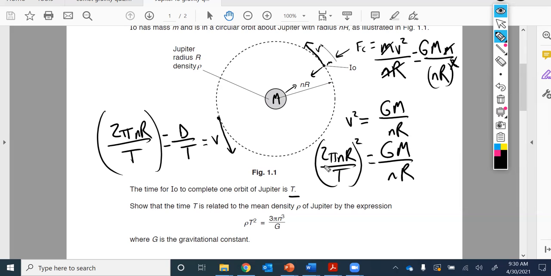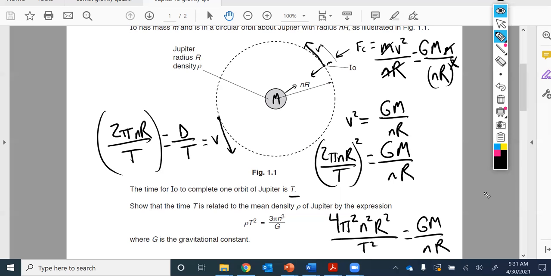All right, alphabet soup for breakfast here. 2 times 2, 2 squared is 4. Pi squared is about 9, but we'll just leave it like this. Pi squared. We got ourselves n squared r squared over t squared equal to m over n r.